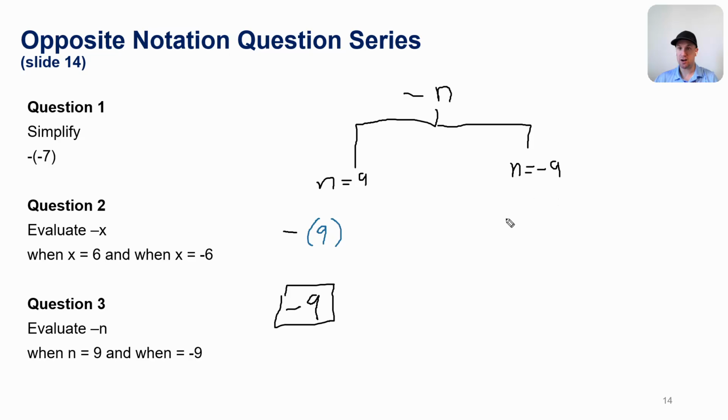On the other side here, we start with our negative symbol, and we now are substituting in a -9. And then we can read this as the opposite of -9 is a +9. So this is opposite notation.